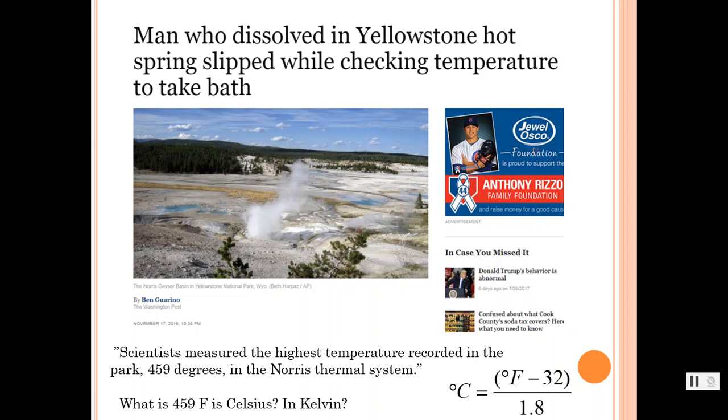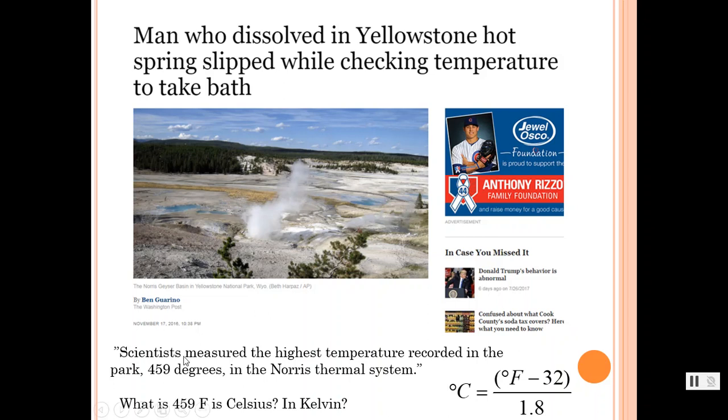But as a scientist, this article irritated me because when they reported the temperature, 459 degrees, they didn't tell me the scale. I don't know if it was Celsius, Fahrenheit, or Kelvin, but I'm pretty sure based upon that number that they were reporting it in Fahrenheit. They should always report the unit associated with the measurement, just like you should do when doing problems in lecture and lab.